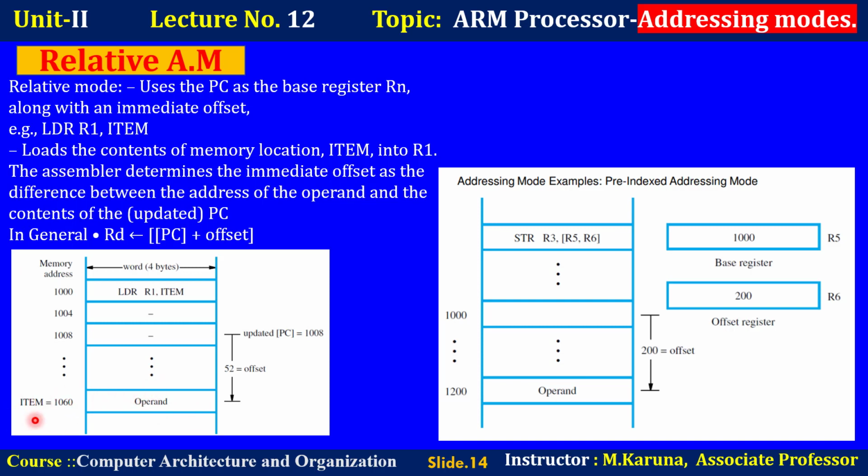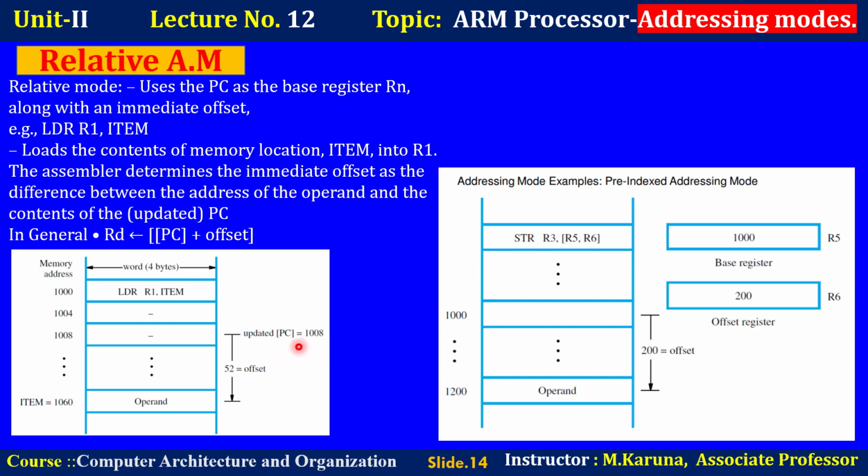Item address is initialized with 1060. Here the LDR instruction resides at 1000 address. To get the data from this item memory location, the program counter is to be updated. For example, the updated PC contains 1008.